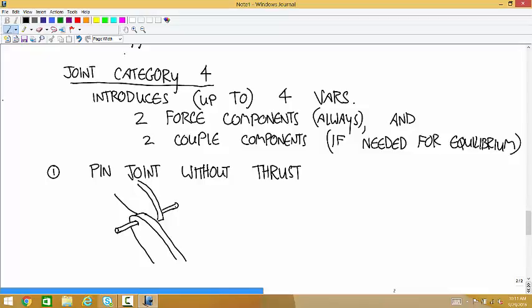I don't have a single one of those here, but I have 2 of them. So this is 2 pin joints without thrust.